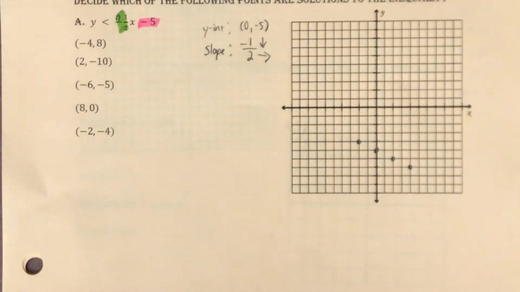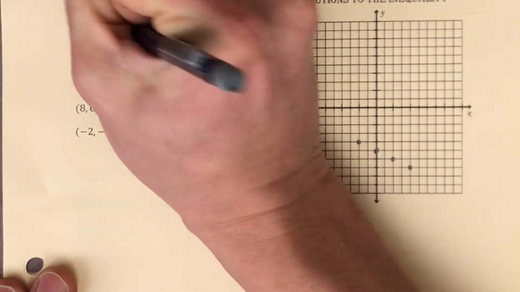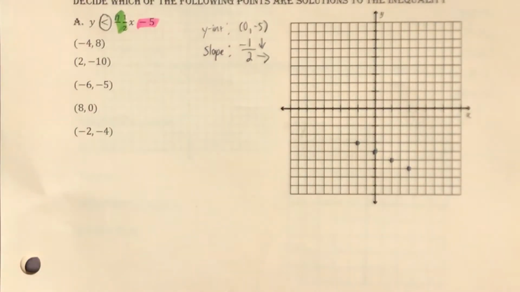Before we draw the line, we need to identify: is it a solid or dashed line? We do that by looking at the inequality symbol itself. If there is any portion of an equals to sign in the inequality symbol, that means it's a solid line. This one is just a simple less than symbol, so my line is going to be dashed.